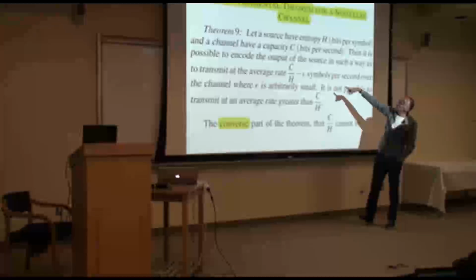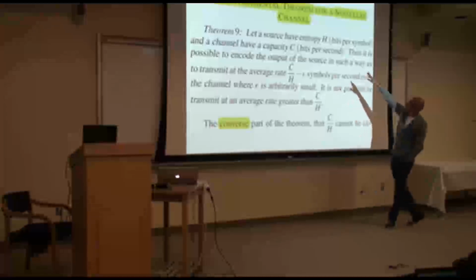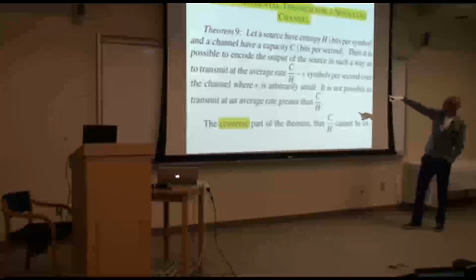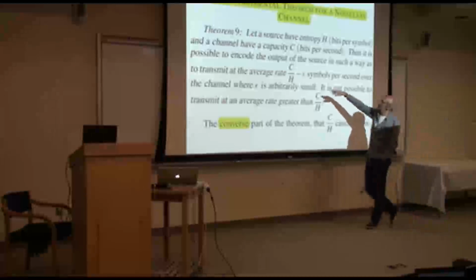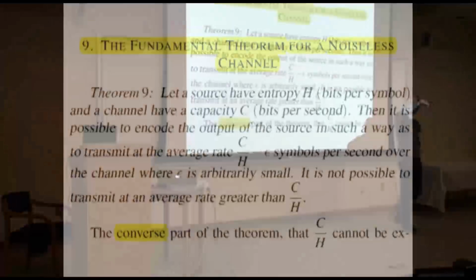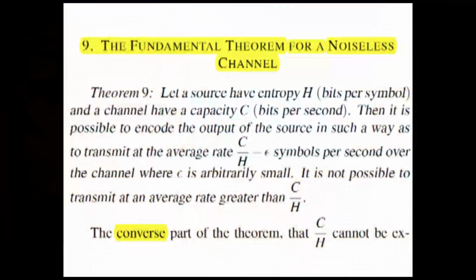And then he says, source has entropy H, and the channel has capacity C, and then he says it is possible to encode the output of the source in such a way as to transmit at the average rate C divided by H. So now the rate is the inverse of what we think when we talk about the data compression rate.